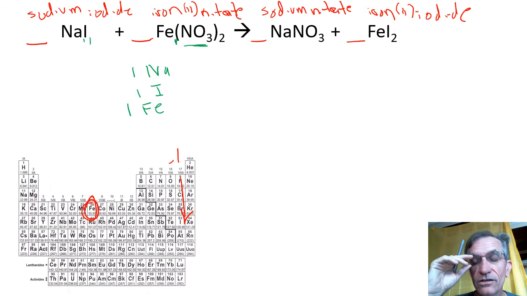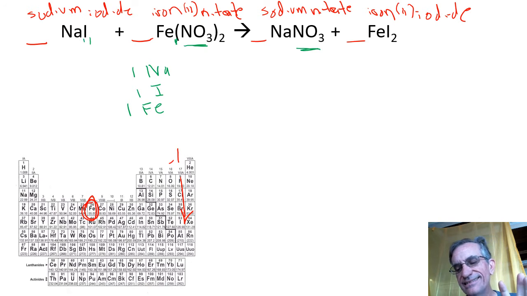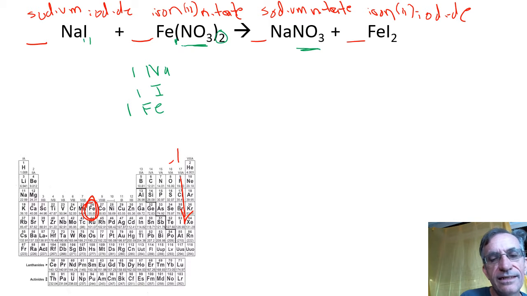When you have a polyatomic on the left side and it still shows up on the right-hand side, instead of listing every atom, nitrogen and oxygen, you can treat that polyatomic as a group. So I'm not going to say there are 2 N's on the left-hand side. I'm going to say that there are 2 nitrates on the left-hand side.